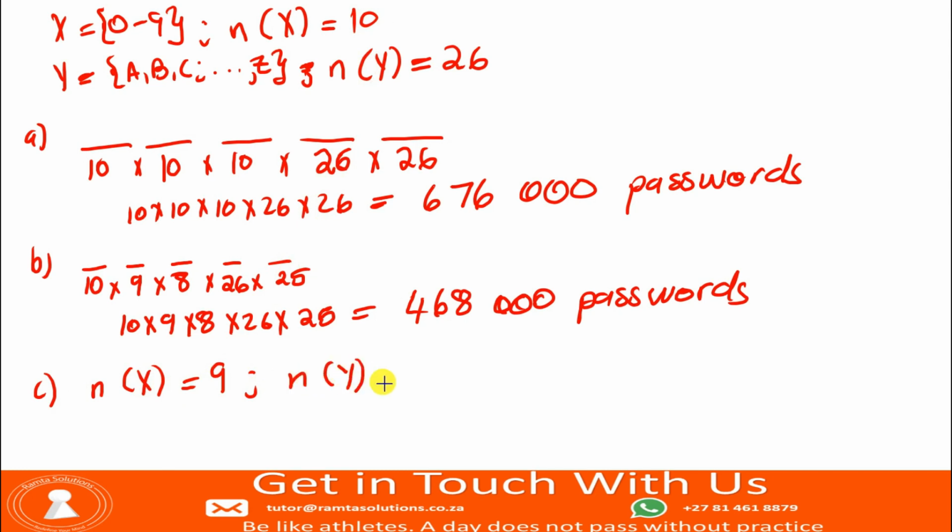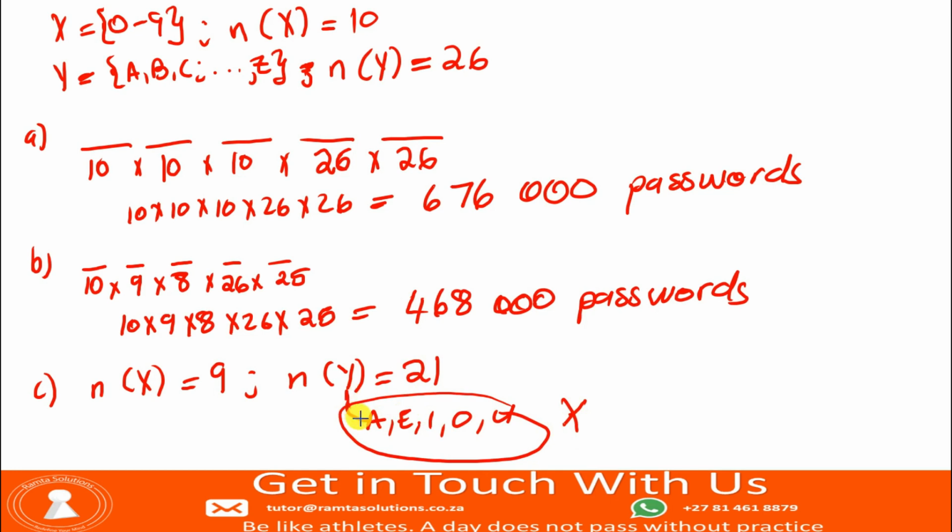Vowels are A, E, I, O, U. They are 5, so we no longer have 26 letters to choose from, but 21, because A, E, I, O, and U are out. We now have 21 alphabets to choose from.